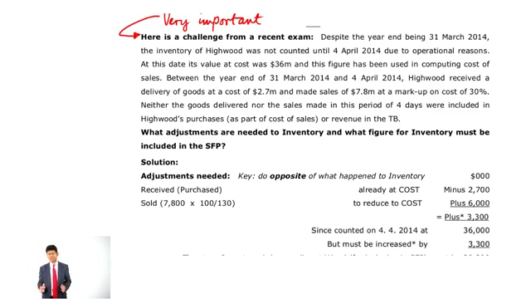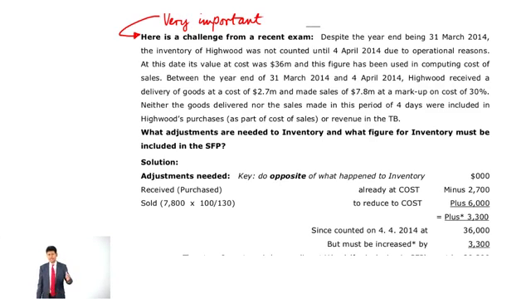Stock should be counted at the year end. So if that's the start of the year and this is the end of the year, because staff are away, not available, maybe doing ACCA exams, study leave or whatever, the stock count couldn't be done at the end of the year. So it's been done 4 days later.